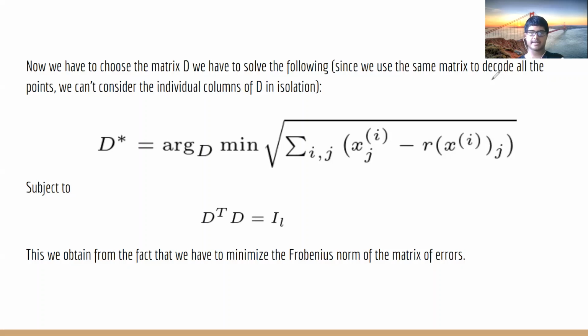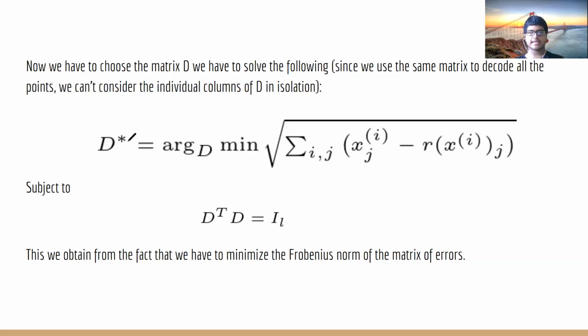I cannot consider the first column of D in isolation from the second column, because I am using all the L dimensional vectors, meaning all the set of C that have been obtained after encoding the original n dimensional X vectors. I am multiplying all those L dimensional vectors with D only. So I cannot consider each column of D in isolation. I have to consider the entire matrix in one go.